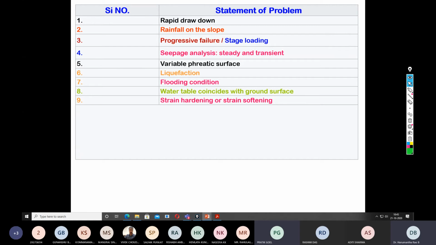Okay, so this is what you have to understand. Like we have done long-term analysis on some slope, and then a flooding condition came. So the factor of safety which we considered would not be sufficient and the slope will fail. May fail, may not fail.